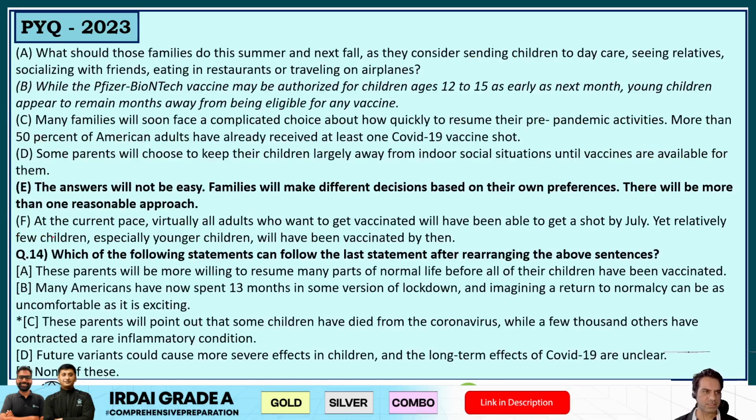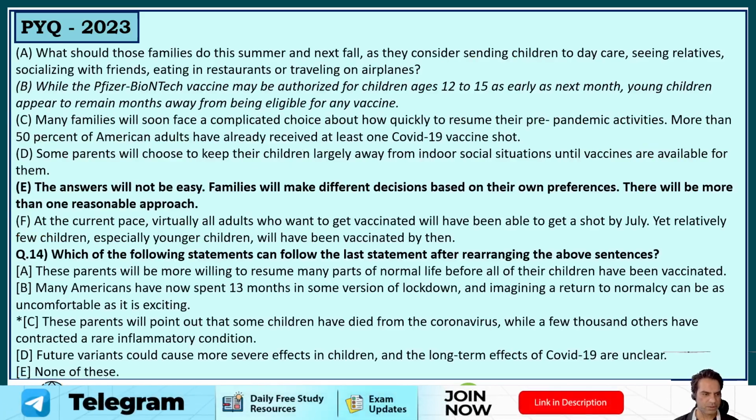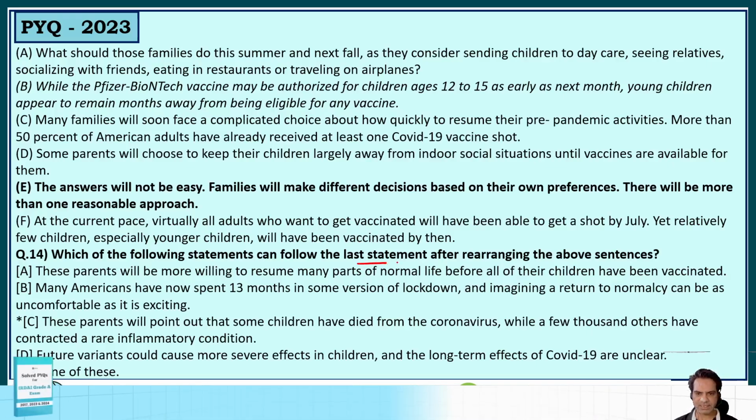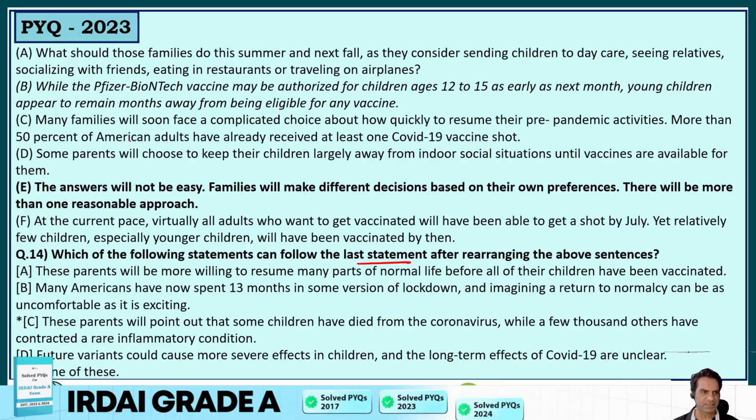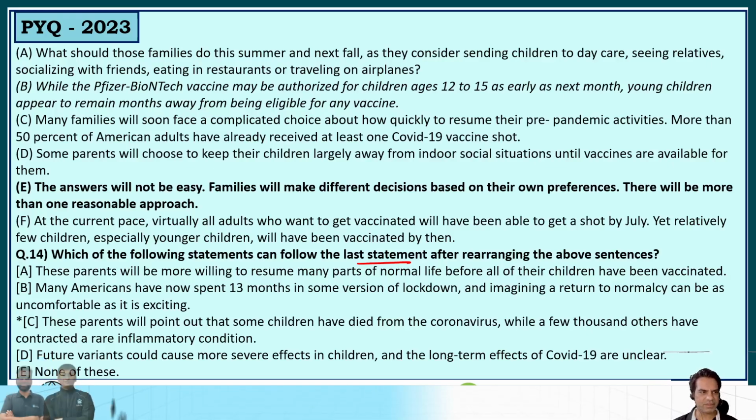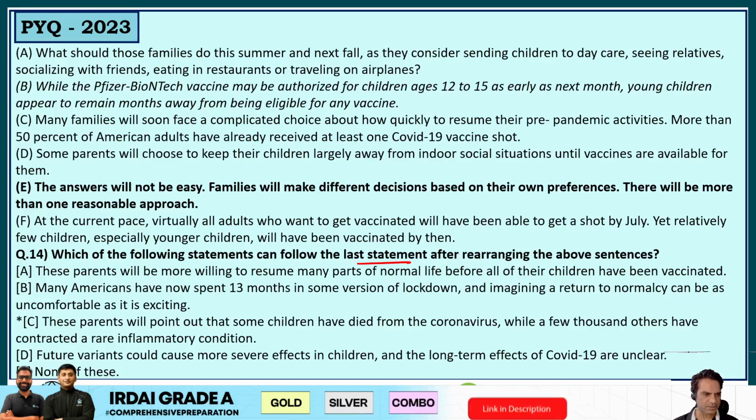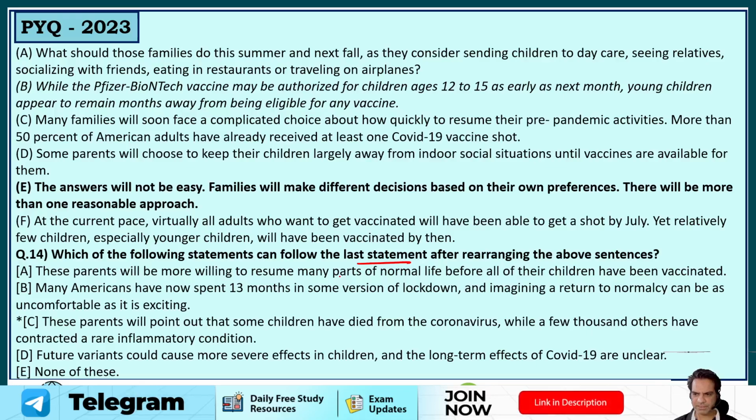Next question, guys. Okay, now what is the question? Which of the following statements can follow the last statement? The last statement was D: some parents will choose to keep their children largely away from indoor social situations until vaccines are available for them. Okay, so these parents will be more willing to resume many parts of normal life before all of their children have been vaccinated.